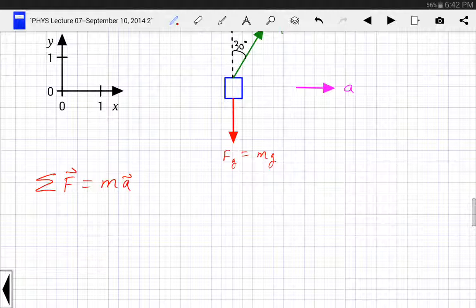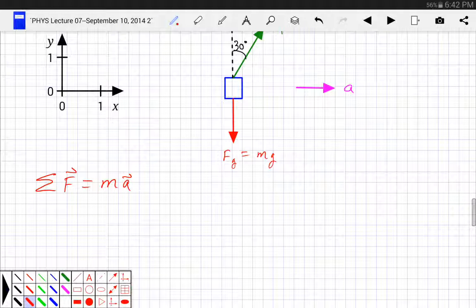How do we add vectors? We add them by tip-to-tail addition. So I'm going to use vectors just like I have here, the same colors. First I put my force of gravity, and I know the length is changing. Then I'm going to put my force of tension, so this is the force of tension vector, and the force of gravity vector.